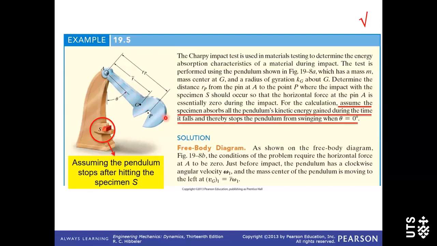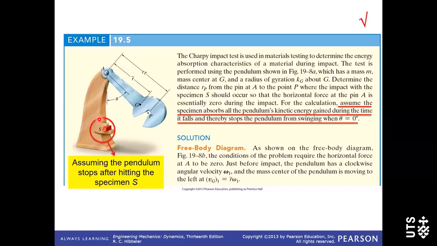When this pendulum hits the test specimen here at the bottom, if we assume this pendulum stops after hitting this test specimen, then the kinetic energy must be absorbed by this test specimen.